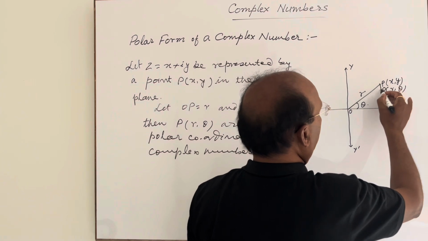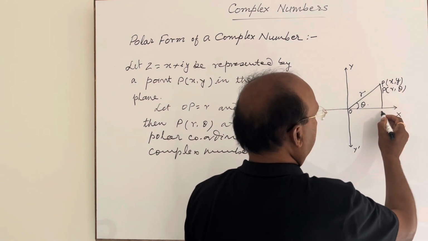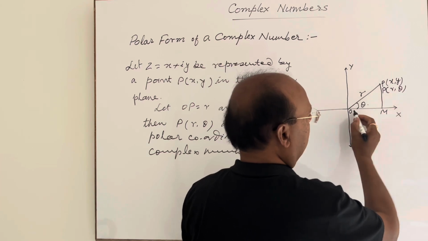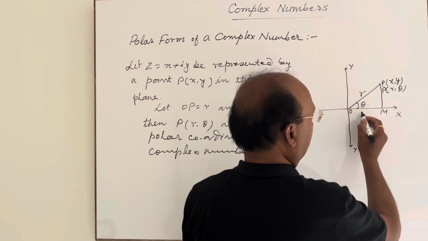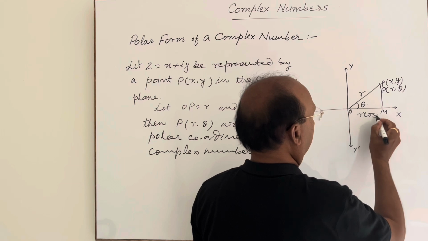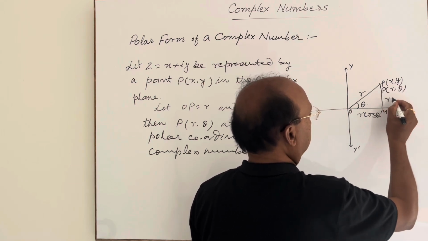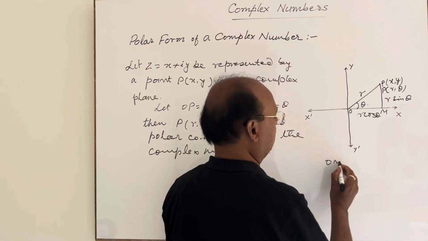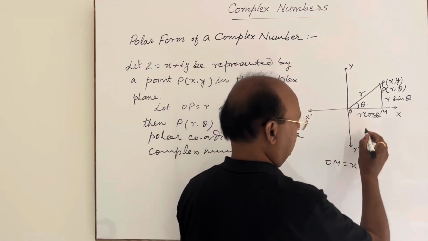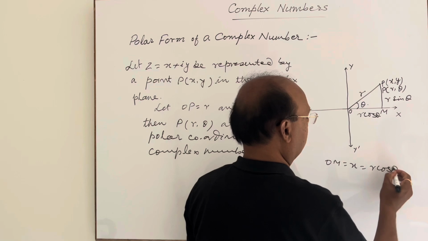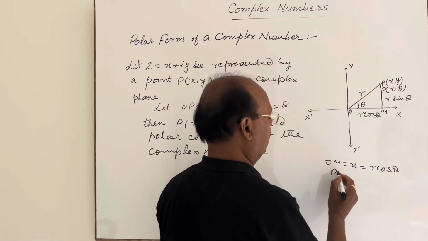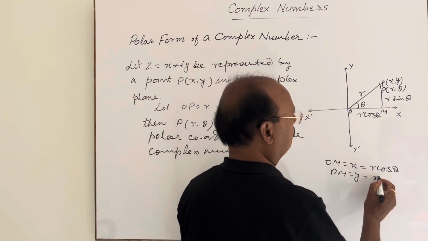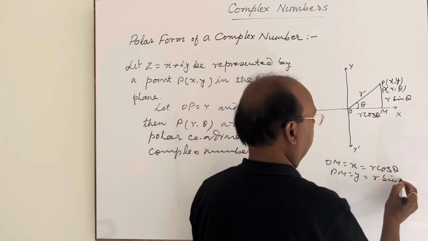If you draw a perpendicular PM on the x-axis, then the distance OM, which is x, is equal to r cos theta, and the distance PM, which is y in Cartesian form, is equal to r sin theta.